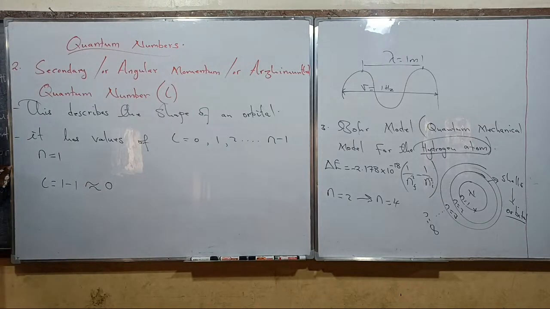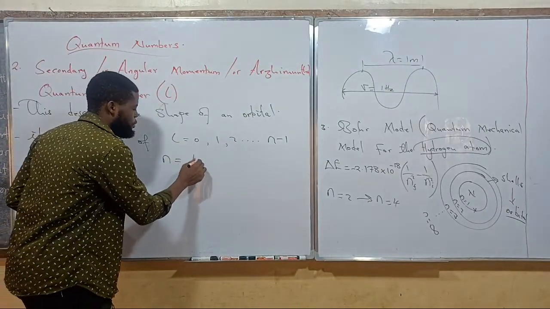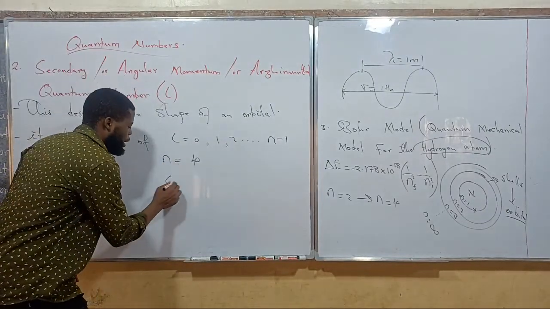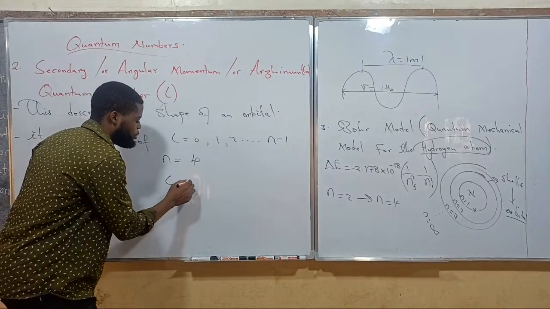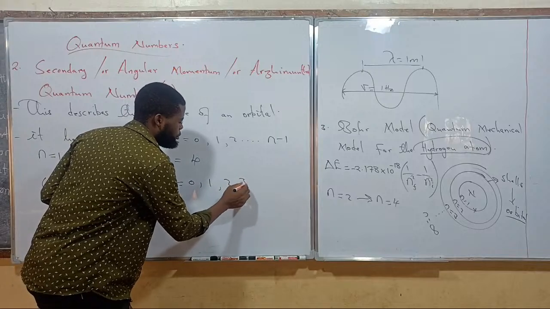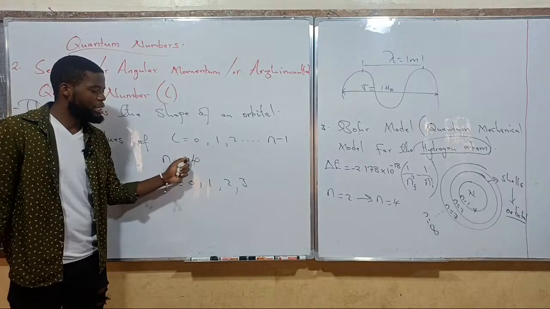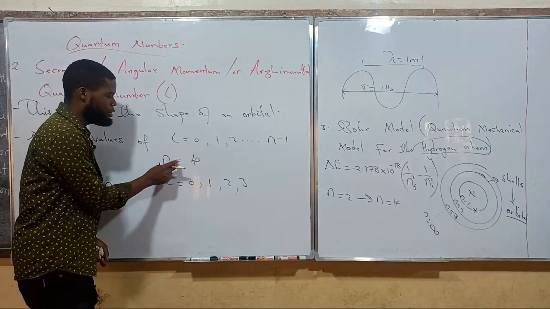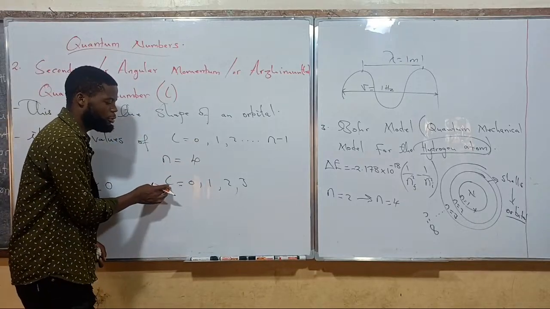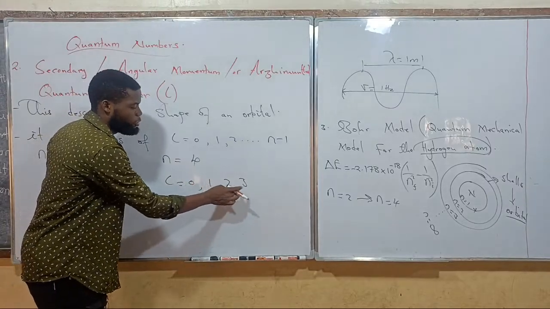If the principal quantum number is equal to 4, L will have values of 0, 1, 2, up to 3, up to where n is less 1. So if n is 4, L is going to have values of 0, 1, 2, 3.